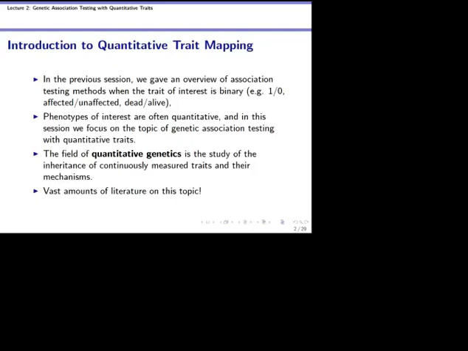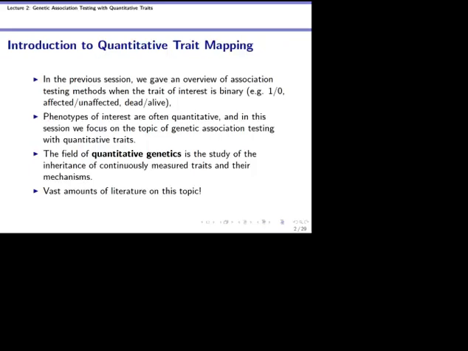The field of quantitative genetics is a broad field. There's a vast amount of literature on this topic. There are at least 2 modules, I think 3. There's QTL mapping, and there's another one. I think Peter Fisher is coming to give a lecture on this as well.